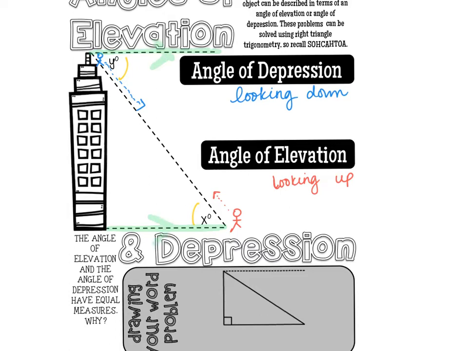Well, if I have two lines that are parallel, then I could have a transversal. So there's our little backward Z, where my alternate interior angles are going to be congruent. So the angle of elevation and the angle of depression are actually going to be the same.